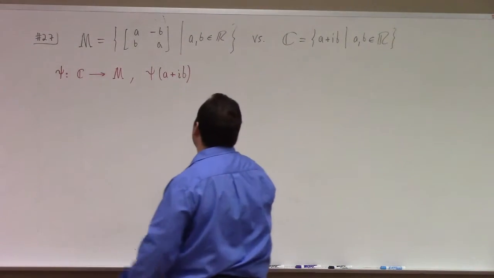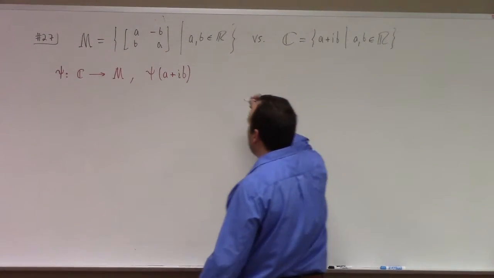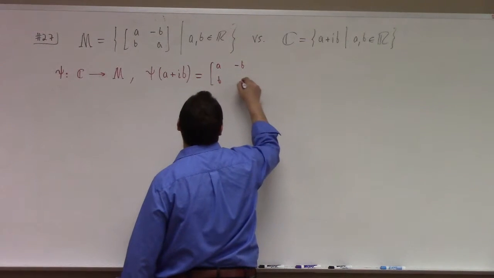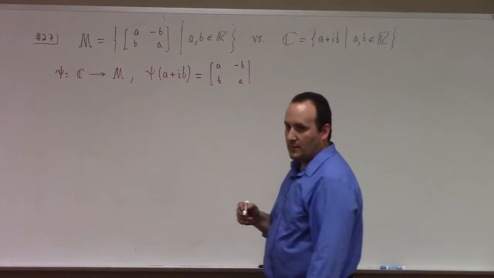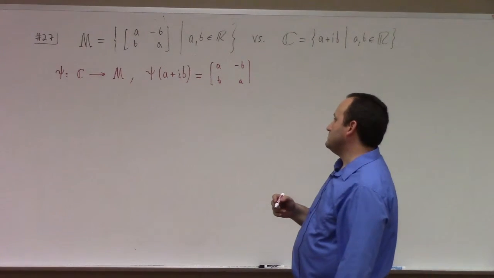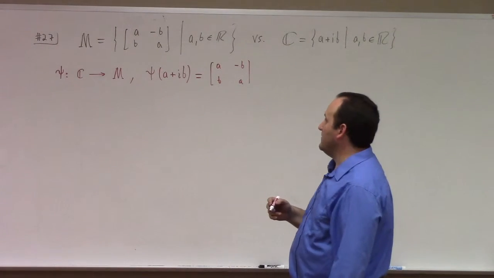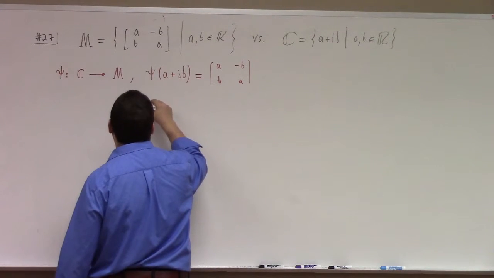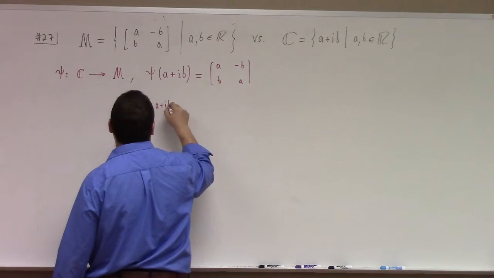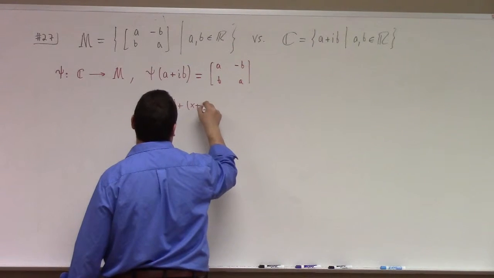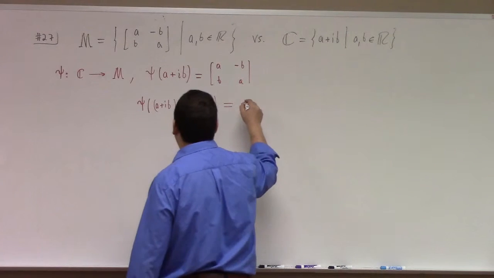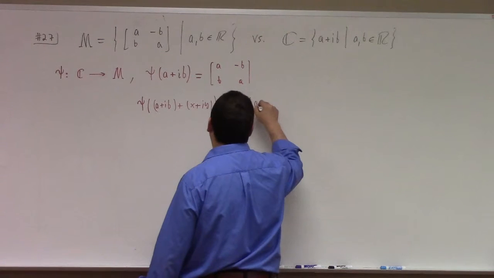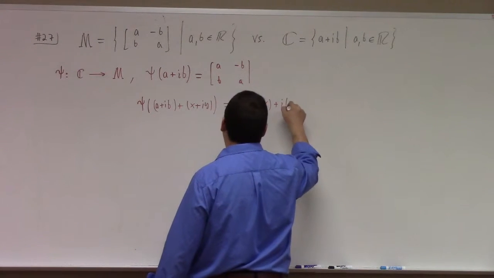psi. Let's see here. So psi of A plus iB is equal to the matrix with rows (A, -B) and (B, A), okay? All right, so if you look at psi of (A plus iB) plus (X plus iY), you get psi of (A plus X) plus i times (B plus Y), right?